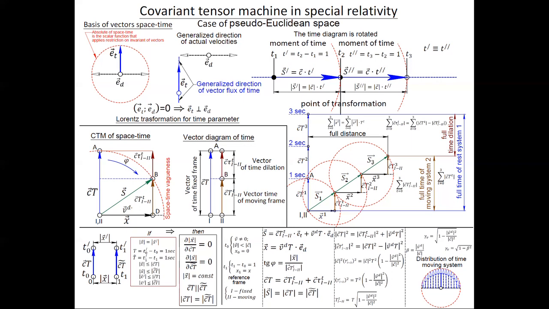Such a picture is characteristic of the rest reference frame. In that way, CTM gives a distribution of time in a moving frame depending on actual velocity. If the reference frame reaches nearly the speed of light, then the time distance vector of the moving frame becomes 0.